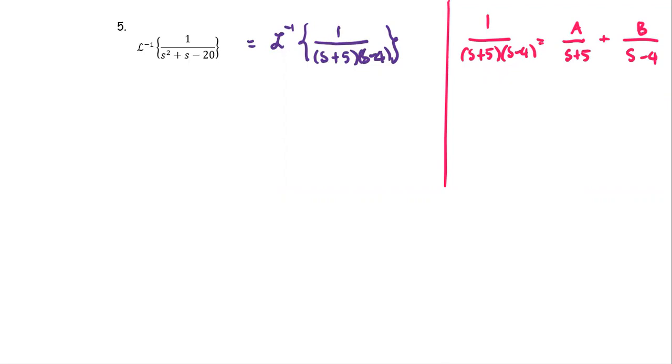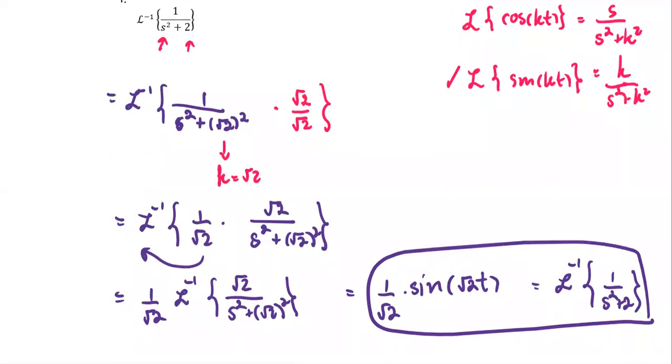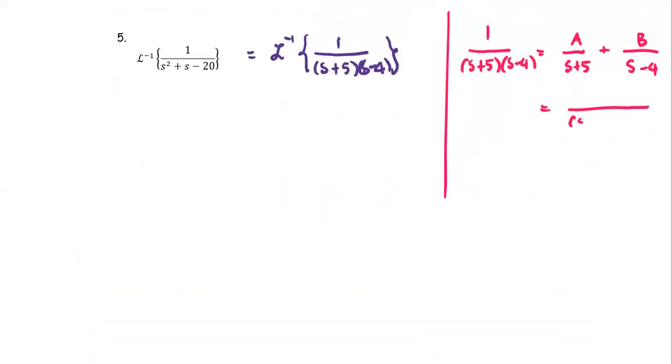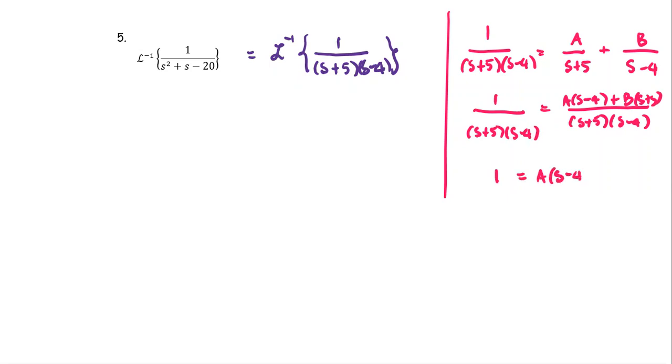If these two expressions are equal, that means we can rewrite the right hand side with a common denominator s plus 5 multiplied by s minus 4, and the numerator becomes a multiplied by s minus 4 plus b times s plus 5. And now we can equate 1 with a multiplied by s minus 4 plus b times s plus 5.